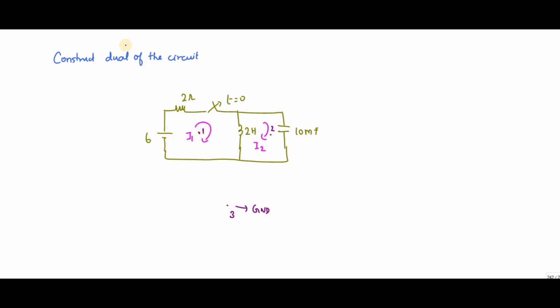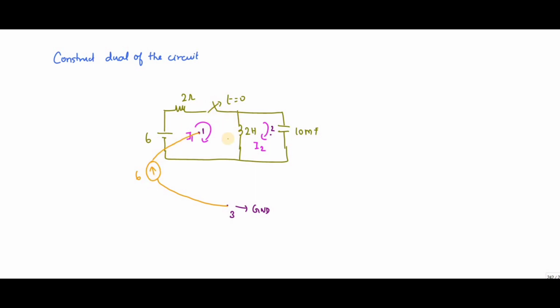From 1 to 3, instead of the voltage terminal, you have to draw the current source, and you have to draw the direction. You can see from the 6 volt the current is moving in this direction, so this has to be in this direction.